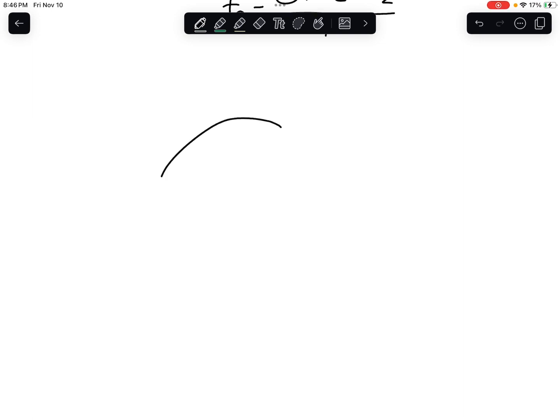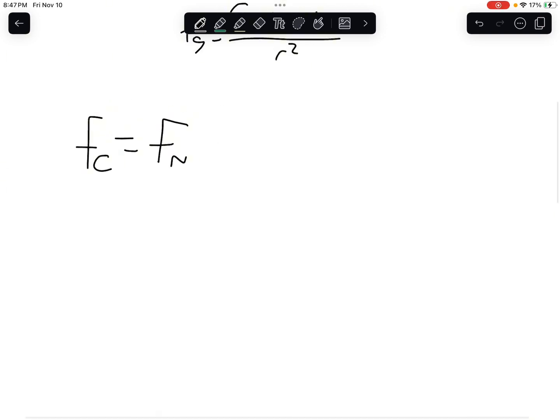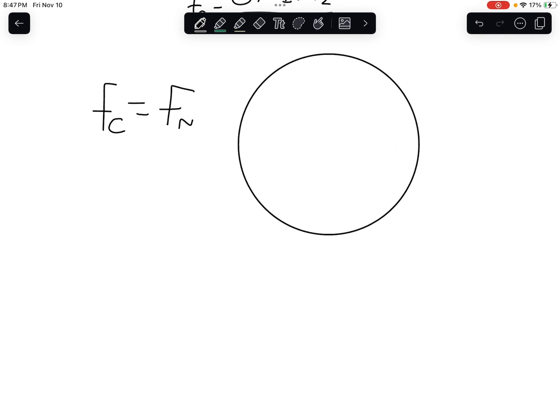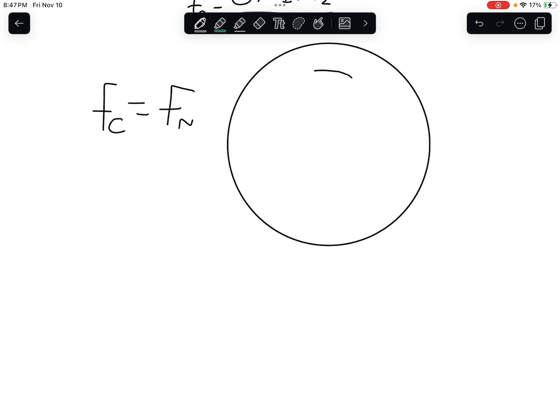One more example that's good to know for the dynamics of something rotating around another thing is the example where the F of c equals the normal force. Another example you could give, if any of you have ever seen the movie Ender's Game, is that they exist in this little spaceship, but it's more of a space station, I guess.